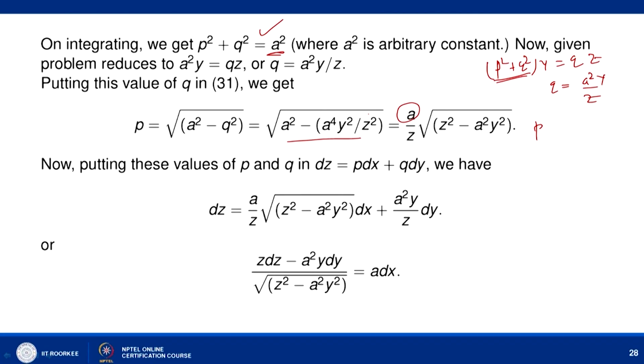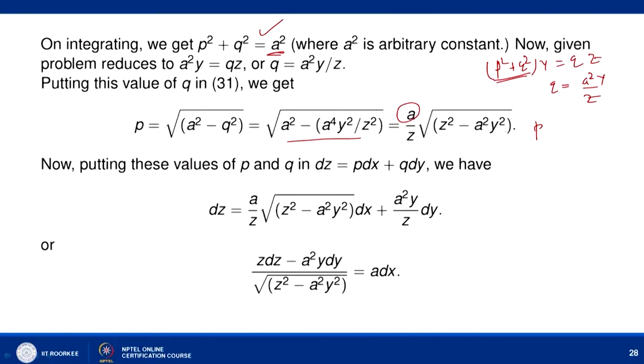Otherwise it is simply the square root of some constant; here we have just assumed that constant to be a², just for simplicity. I am taking only the positive value, you can take both positive and negative values.